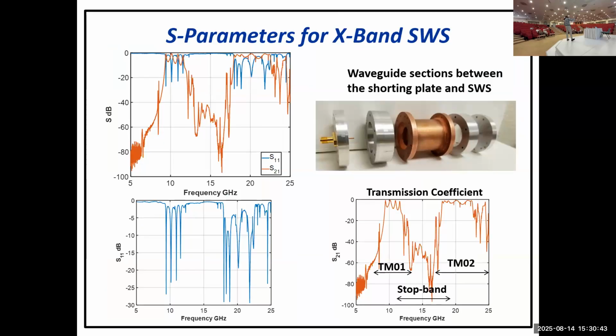Again, we are getting these S11 and S21. As you see here, we have some drift tube. We don't want the probe exciting in the slow wave structure directly because there is a possibility of a huge reflection.